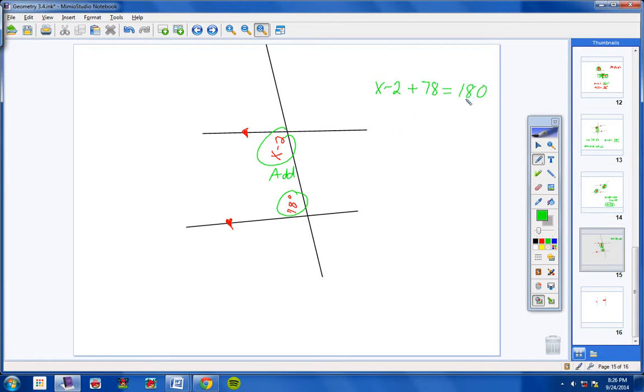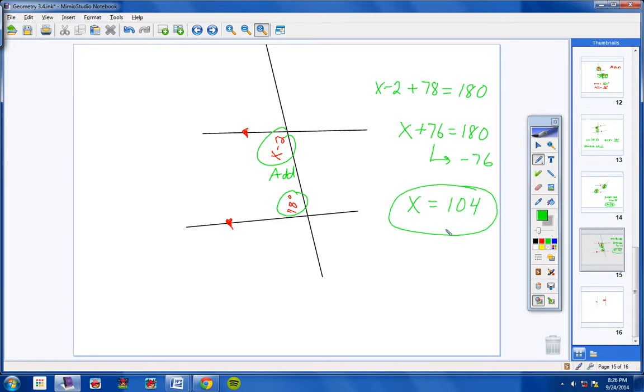Now, we cannot simplify the right side, but we can simplify the left side. I've got a constant term here and a constant term here. So a negative 2 and a positive 78 would be 76. So x plus 76 equals 180. And then bring the 76 over and make it a negative 76. And x equals 104.